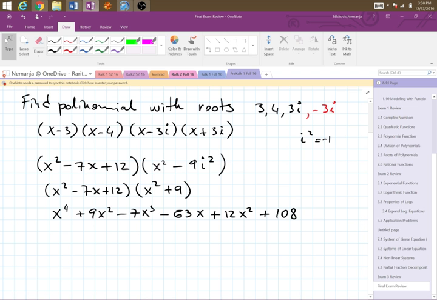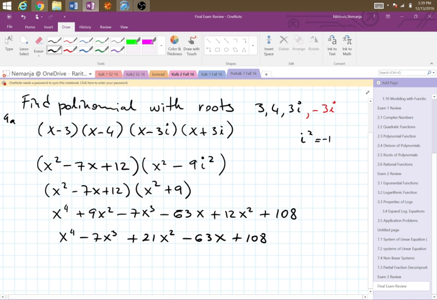Combine like terms: x to the 4th, then we have minus 7x cubed, 9 and 12 is plus 21x squared, minus 63x plus 108. And that would be the answer for 9a on your review packet.